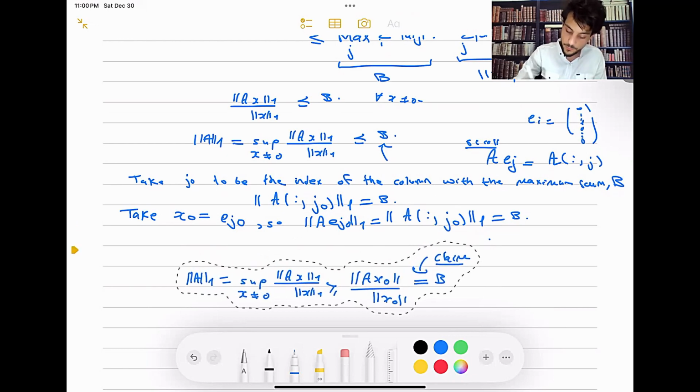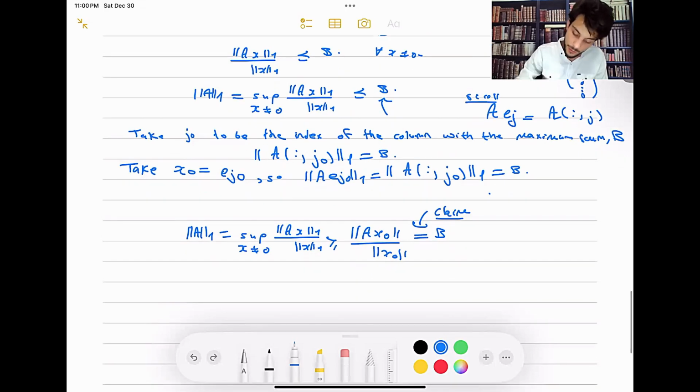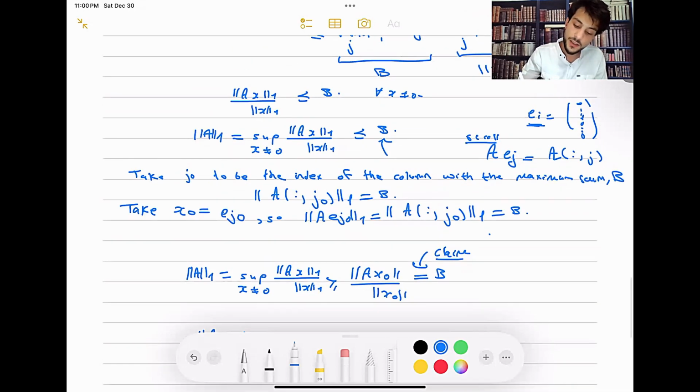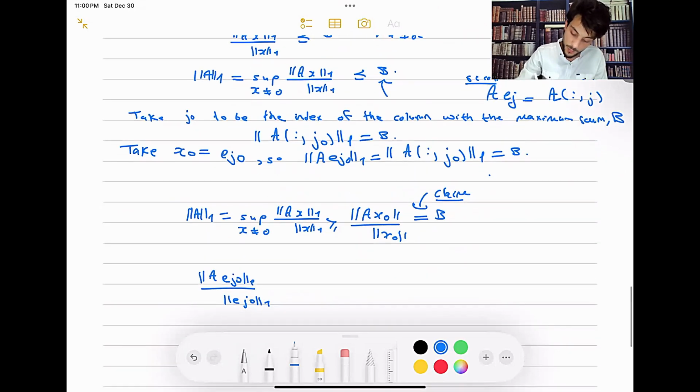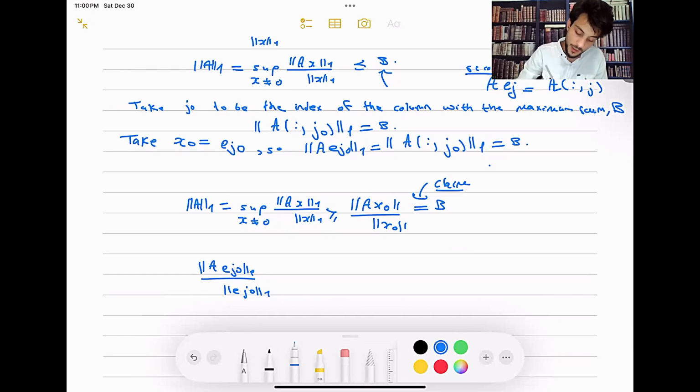So now that we've done that, all that remains is to show this to complete the proof. But look at this. What is the norm of A e_j0 over the norm of e_j0? Well, e_j0 is just a vector with zeros everywhere except in the j0 position, where we have a 1. So the sum over all these entries is just 1, that is to say the one norm of e_j0 is just 1.